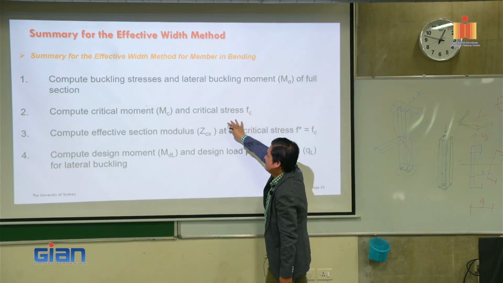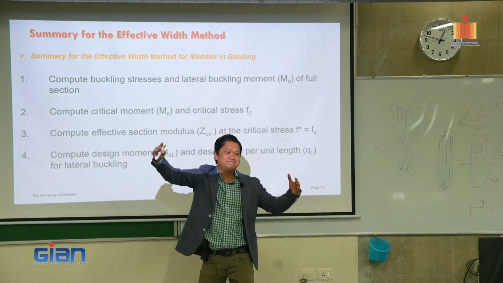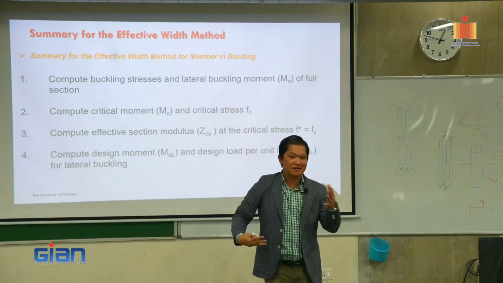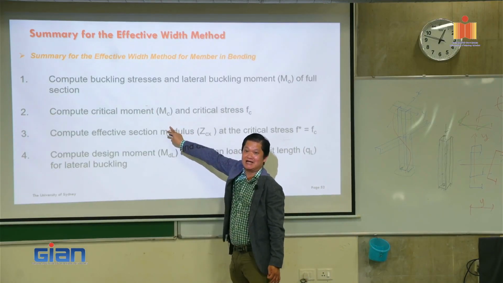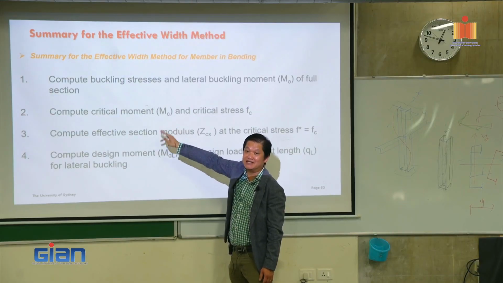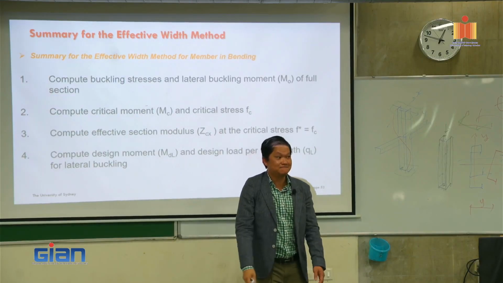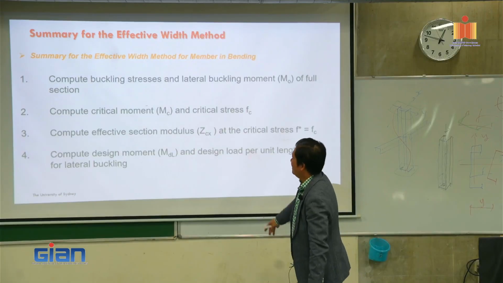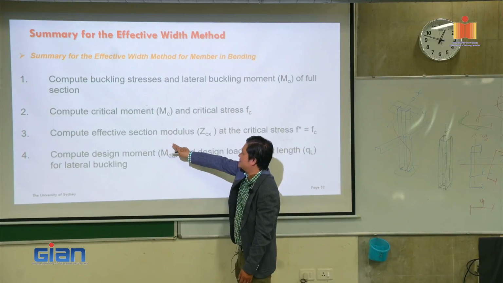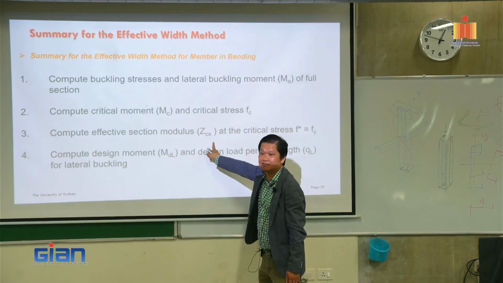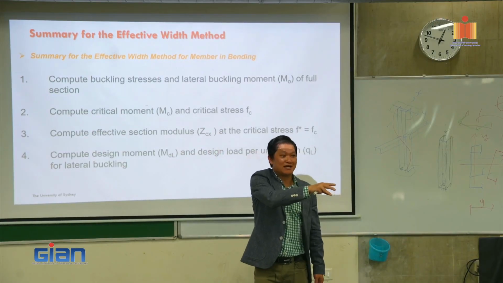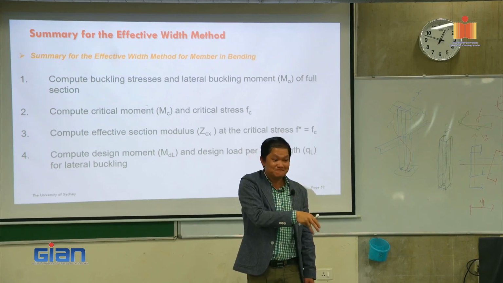And then depending on the lateral restraints and the boundary conditions, you can calculate FC here, MC here. And MC is equivalent to FC in the column. And then from that, you need to calculate the effective section modulus, ZCX, which is equivalent to AE effective of the column.